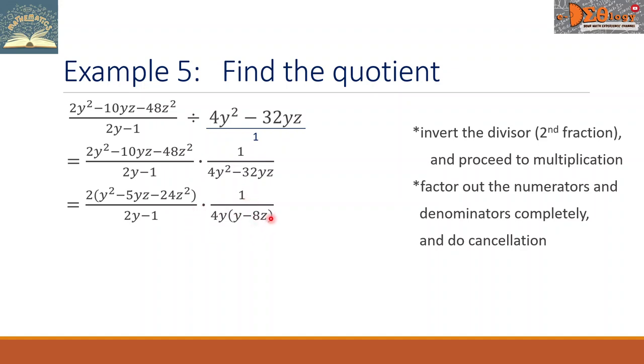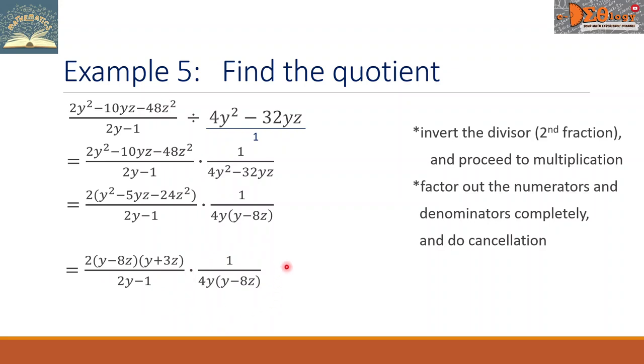In the denominator, the common factor is 4y, times the quantity y minus 8z. We can simplify this trinomial inside the grouping symbol, and the factors are y minus 8z times y plus 3z. And then we copy the remaining values in the denominator and in this second rational expression.